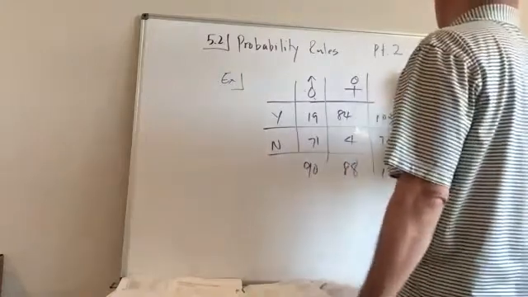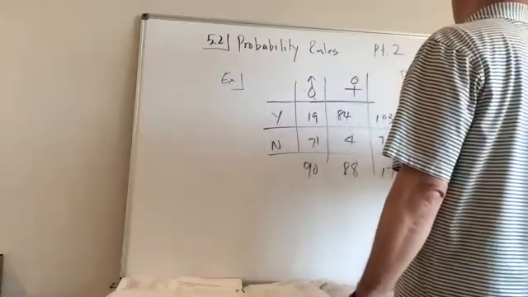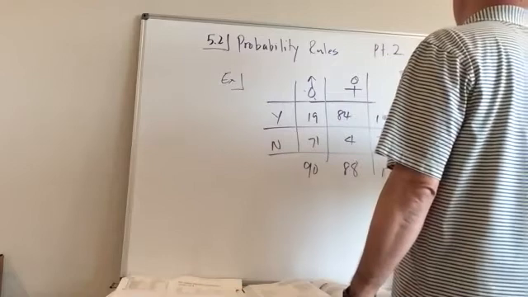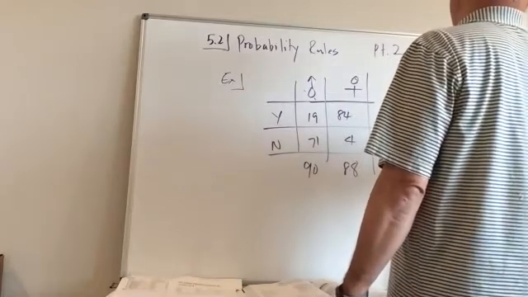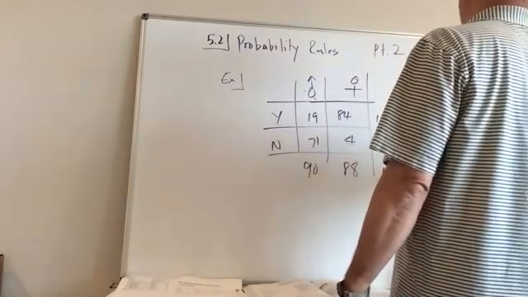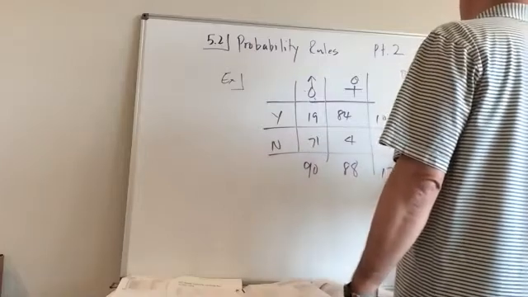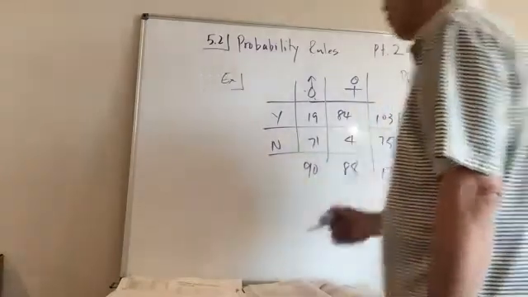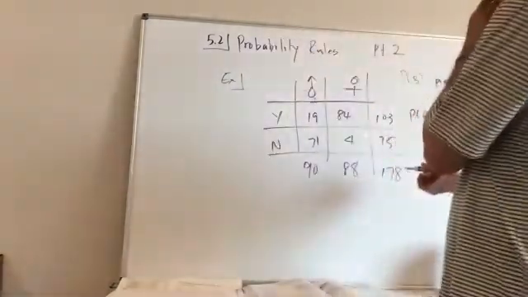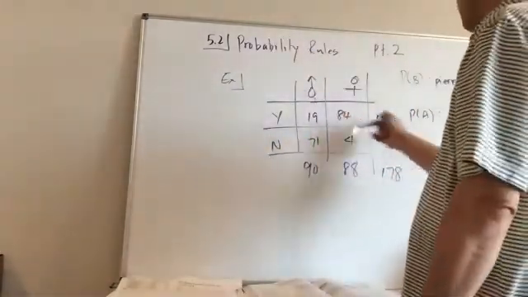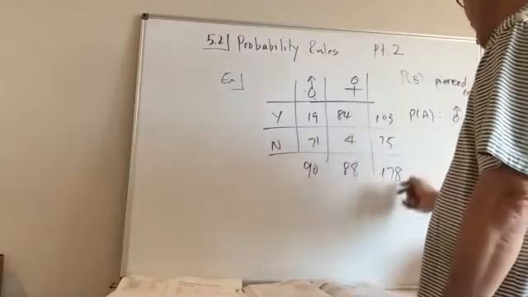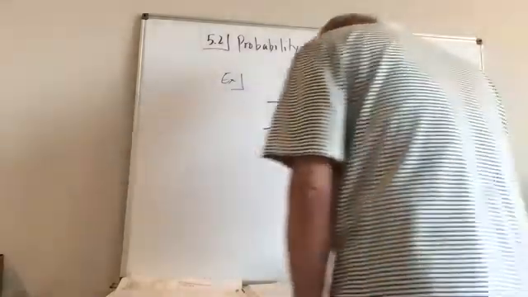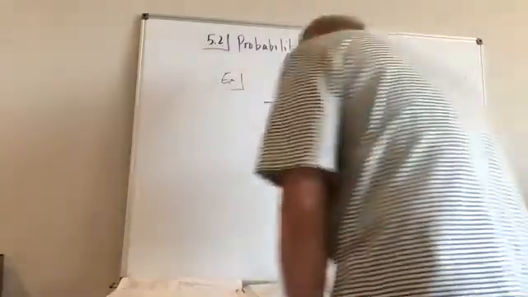So P(B) is the probability of being a pierced ear. So pierced ears are 103 out of 178, right? 103 out of 178. So that's A.